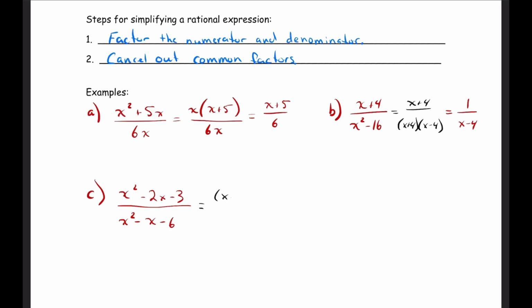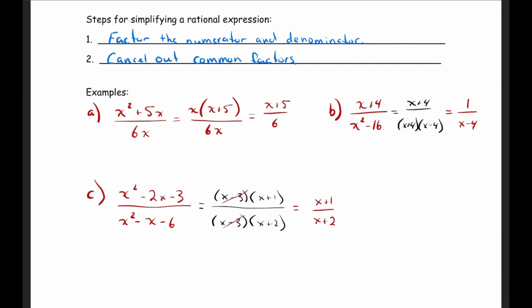We get x minus 3, x plus 1, and then we get x minus 3 and x plus 2. The x minus 3 cancels out top and bottom, leaving us with x plus 1 over x plus 2. Okay, so very quickly we can see how important our ability to factor comes into this. It saves us a lot of time and energy knowing how to factor and factor quickly.